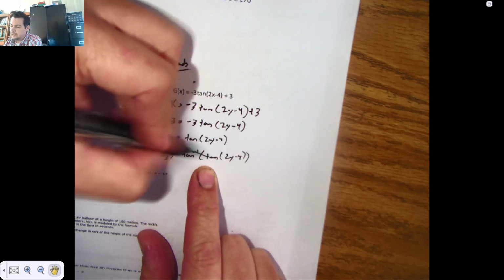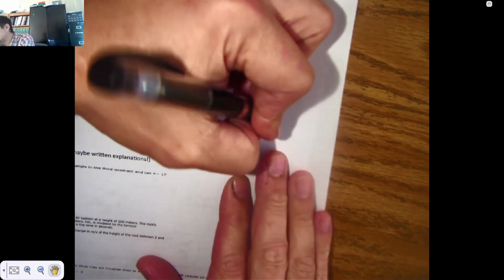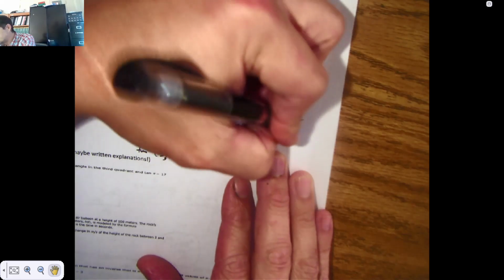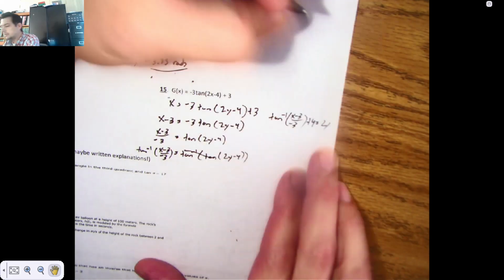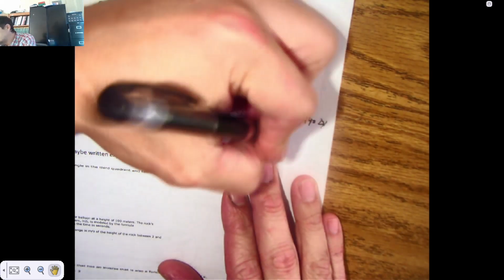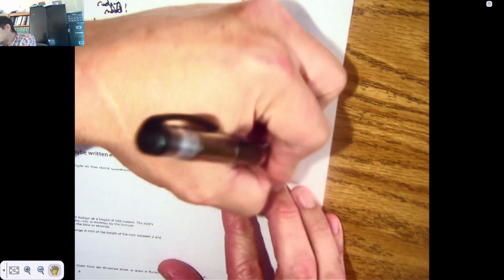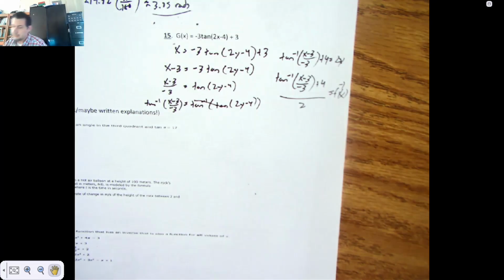And these guys are going to knock each other out. Then I'm going to counteract the subtraction through addition. And then I'm going to divide by 2. And now I get to rewrite as the inverse. So that's fun stuff.